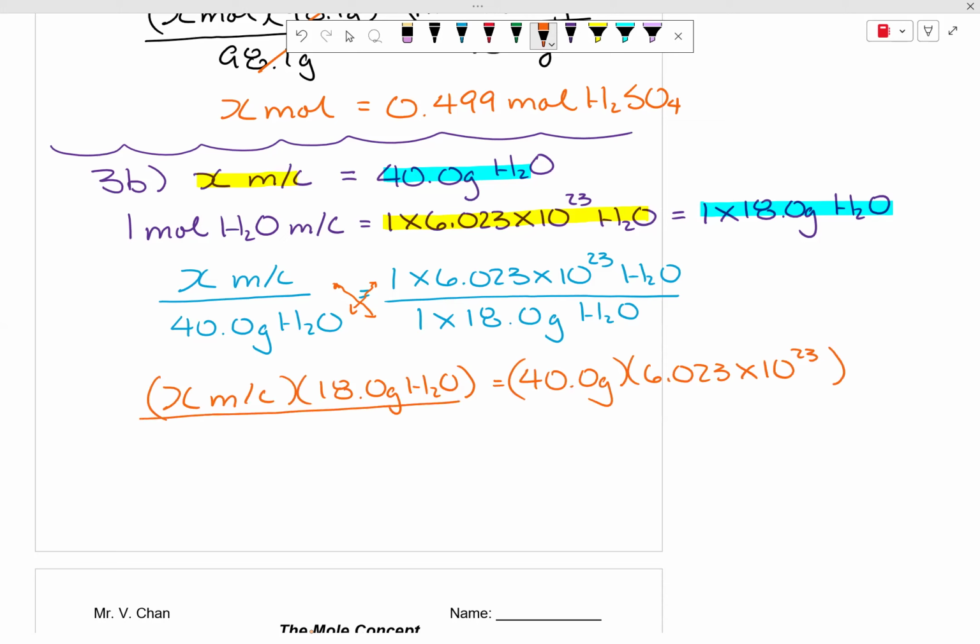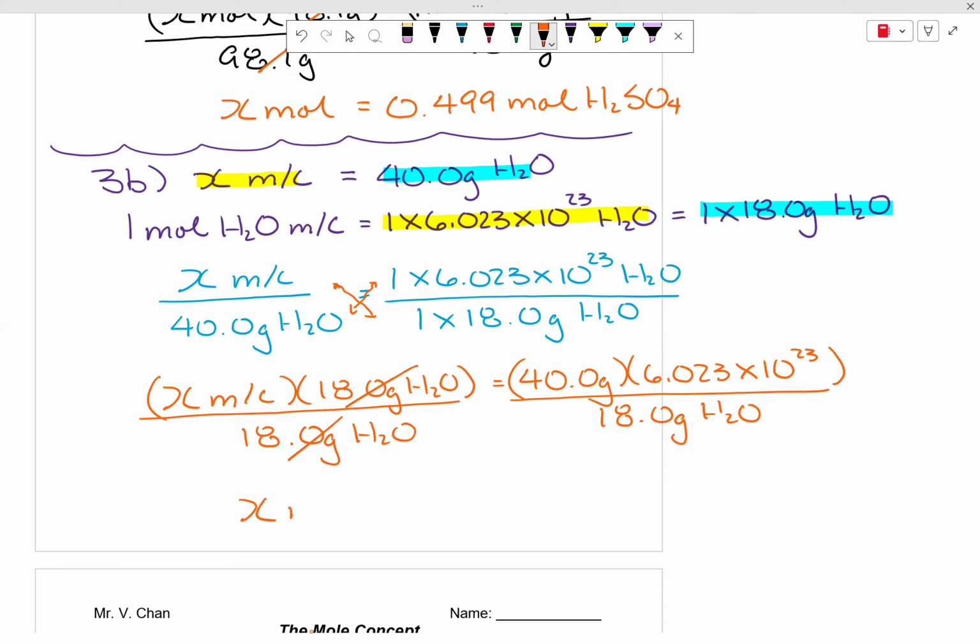Divide both sides by 18.0 grams H2O. Cancel these out.